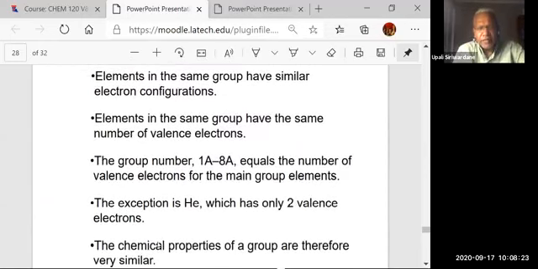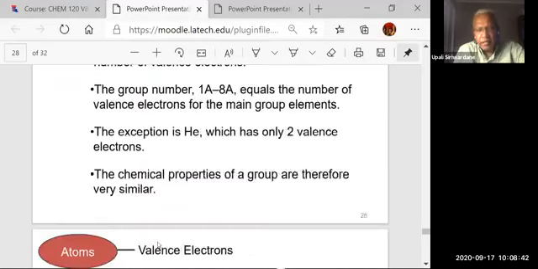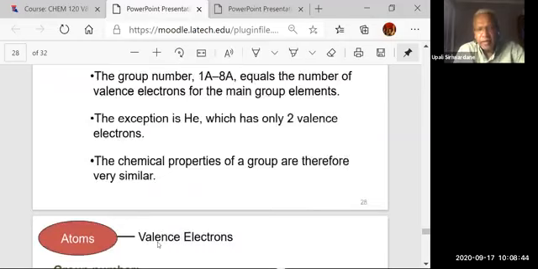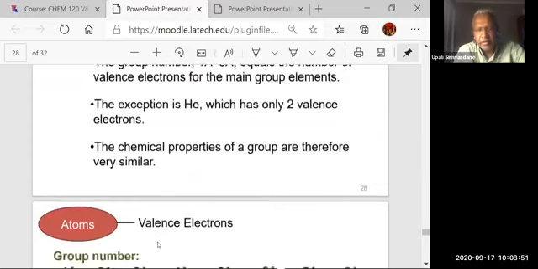The valence electron configuration is the one that describes the chemistry of the compound, because the inner orbitals, or the core electrons, are not participating in a chemical reaction. Therefore, they don't play any role in chemistry, except helium that has only 2 valence electrons. Most of the atoms have 8 electrons in the valence shell.